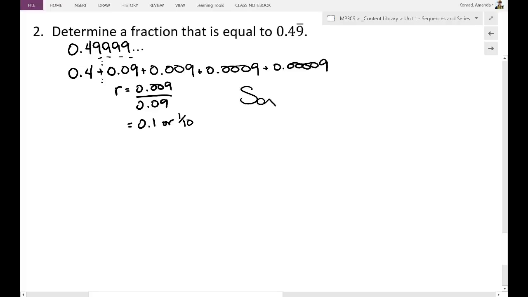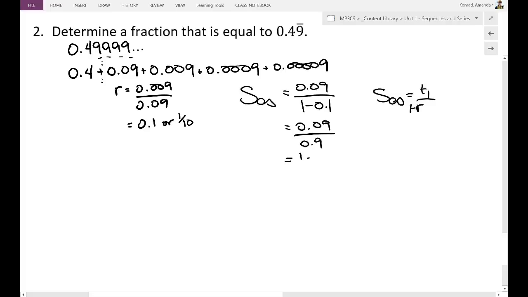From there, the sum of infinite terms, we've got 0.09 divided by 1 minus 0.1. And again, this is filling in our original formula. And we calculate this to be 0.09 divided by 0.9, which is also 1/10.